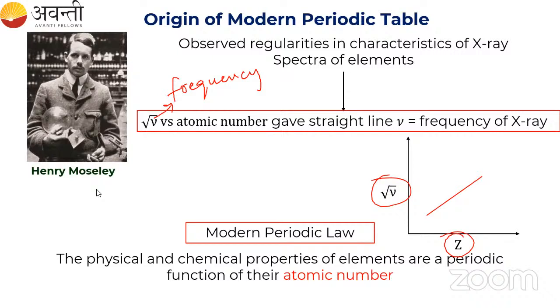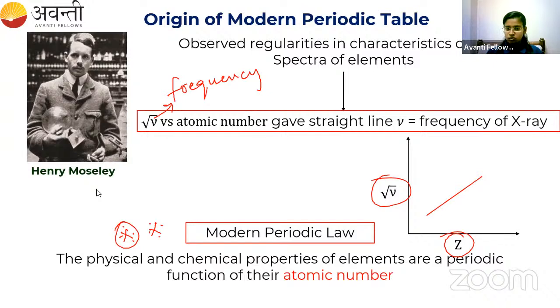This is a very important law for your board exam, meaning school exams as well as NEET. If the atomic number increases, then they have some periodic regularities. So the physical and chemical properties of each element are the periodic functions of their atomic number, which is the modern periodic law.